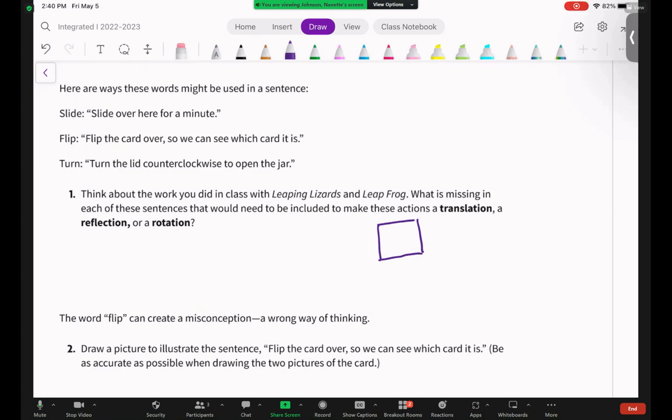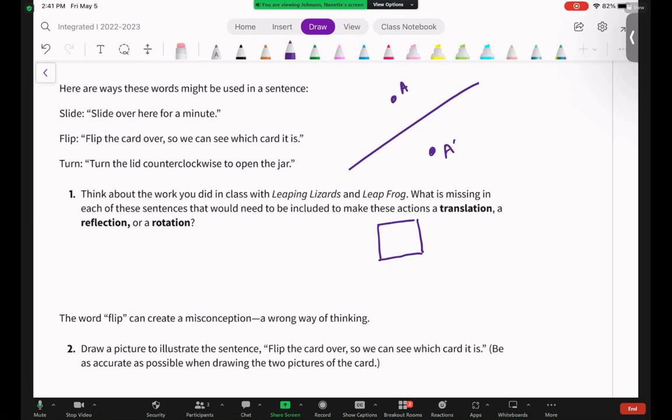If I tell you to flip it, I need you to give me a defined line of reflection. So I think in 6.3, when we were doing some of the homework problems, they gave you a line of reflection that they wanted you to reflect that point across so you can see that point, right?